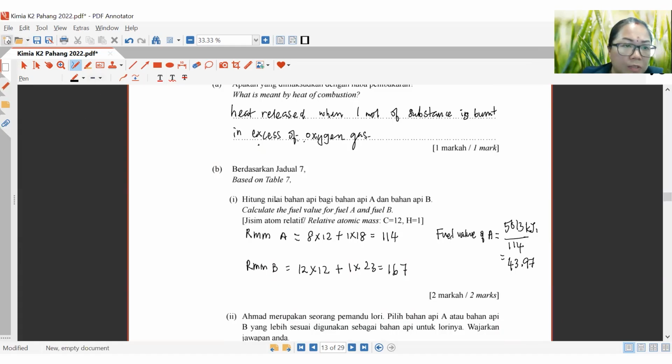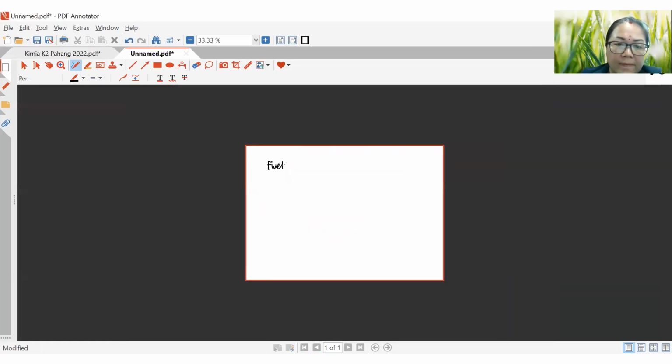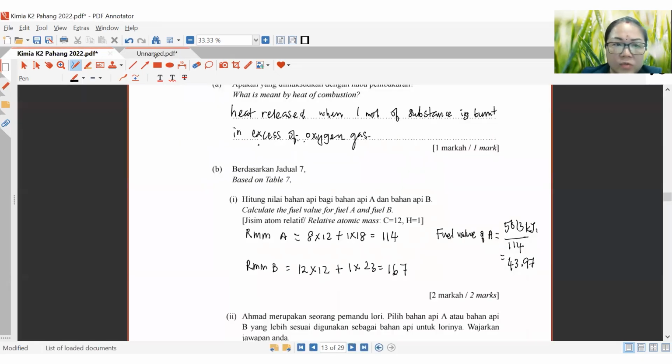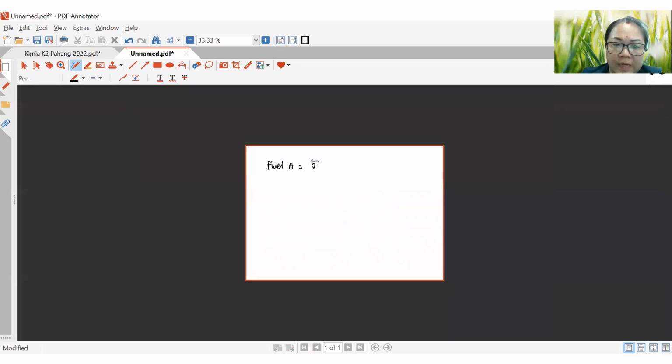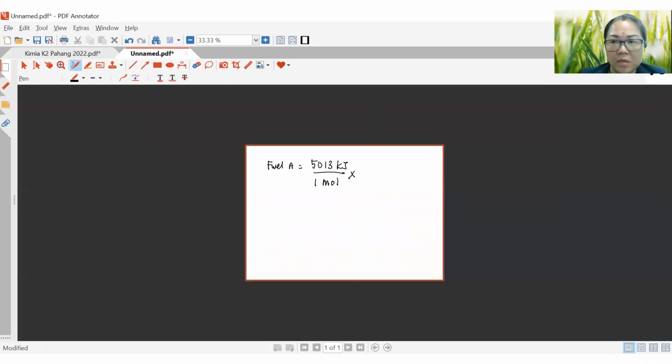Okay, fuel A: just now what did we get? 5013 kilojoule over 1 mole, that's the unit. Whereas for RMM, let me check for a while. I've forgotten suddenly.